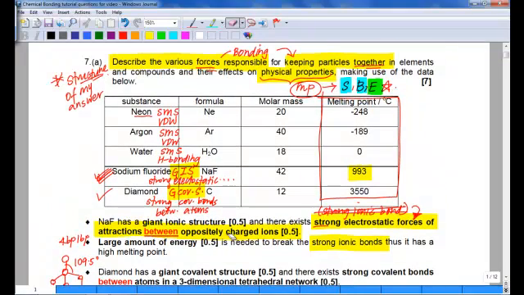So moving on from here, I have already put in my sodium fluoride and diamond. The other things that are not talked about are of course my neon, which has SMS, argon, which has SMS, and water, which has SMS. So I can actually group all these together to talk about them. Furthermore, you notice that water is very special because it's hydrogen bonding.